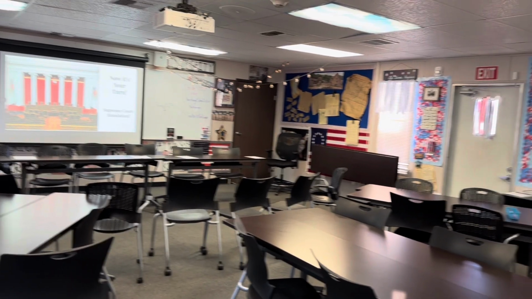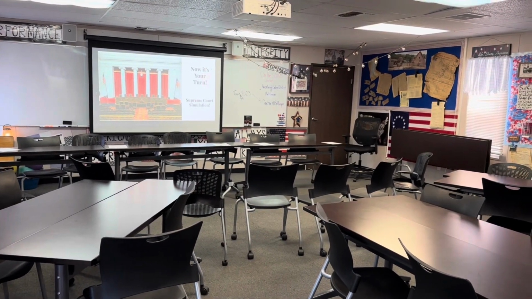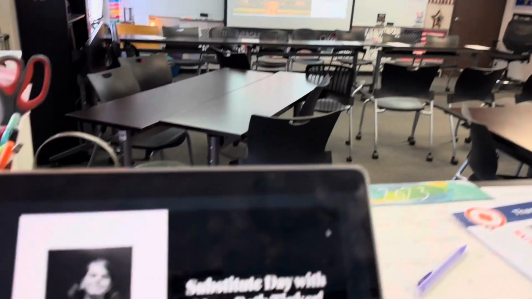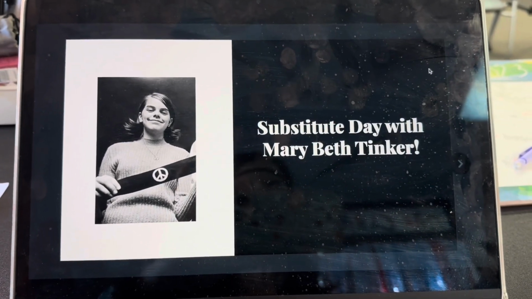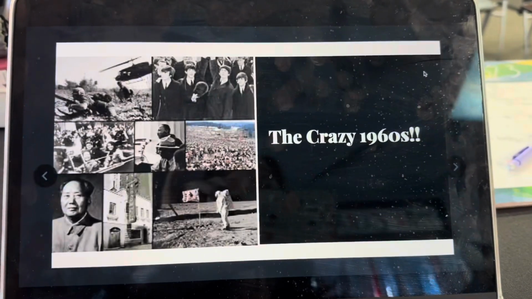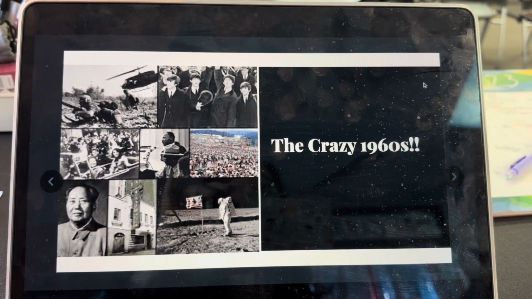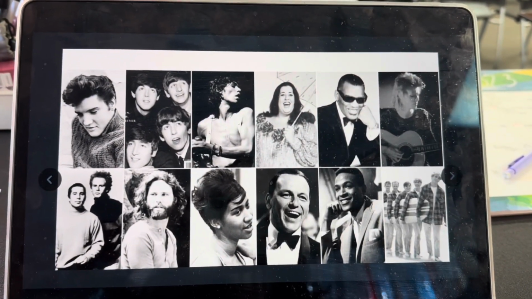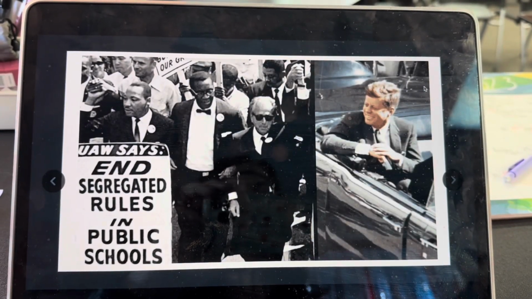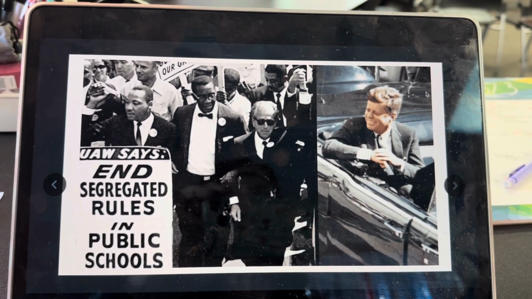My room looks like this, okay? And I tell the students, come in, grab a seat, just bring your iPad and a pen. I talk about who Mary Beth Tinker was and about the crazy 1960s and some of the different historical events in the 60s, some of the different music, and of course all about segregation, the assassination of President Kennedy.